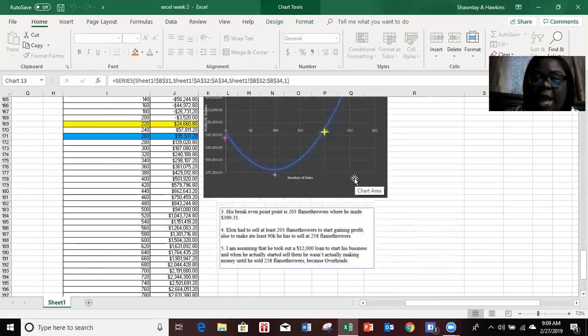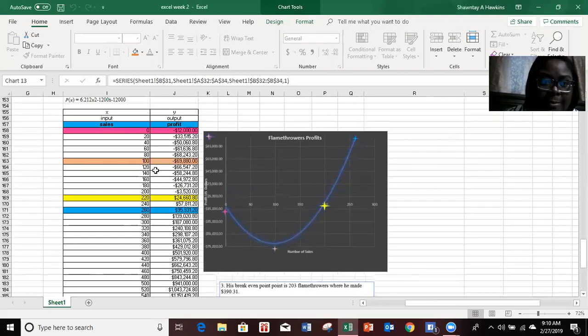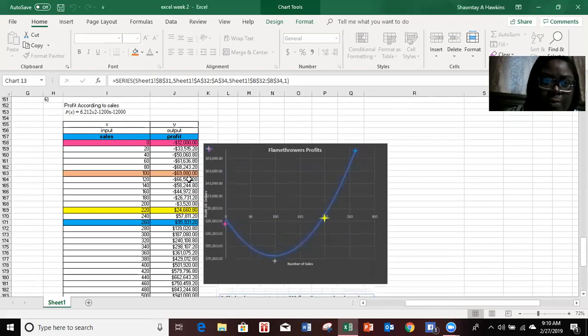I'm assuming that he took out a $12,000 loan to start his business. And when he started to sell them, he wasn't making money until he sold 258 flamethrowers. So anything before 258 flamethrowers, he really wasn't making any profit, as you can see here. It was in the negative, as you can see. And around here, $200 and something, is when he got out of the negative.